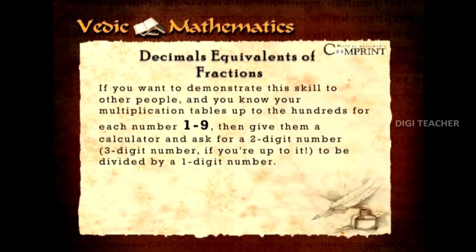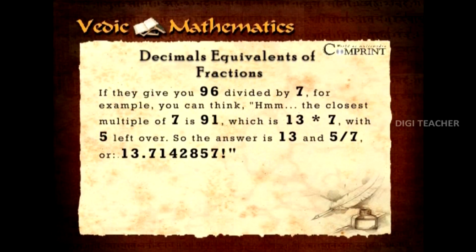If you want to demonstrate this skill to other people and you know your multiplication tables up to the hundreds for each number from 1 to 9, then give them a calculator and ask for a 2-digit number, or a 3-digit number if you're up to it, to be divided by a 1-digit number.